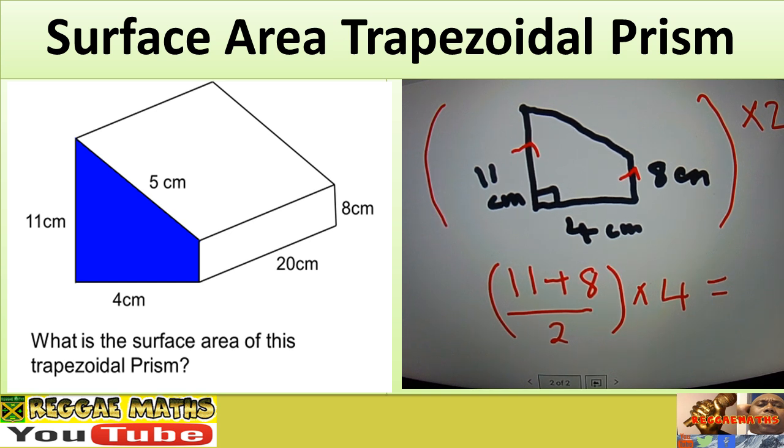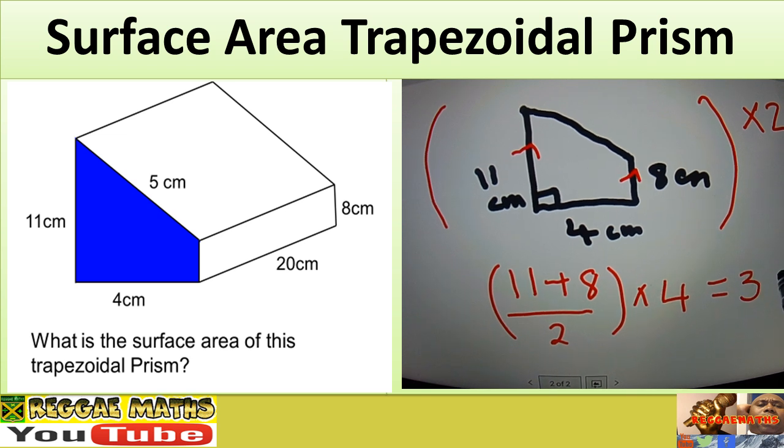So we got here 8 plus 11, that's going to be 19 divided by 2, and then times by 4. Right, so that's 38.